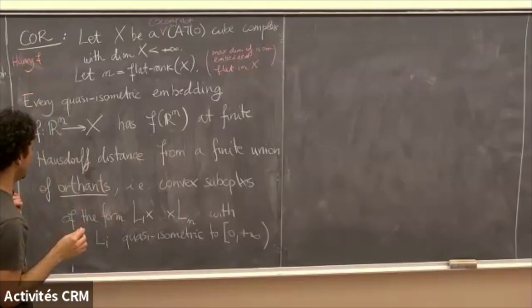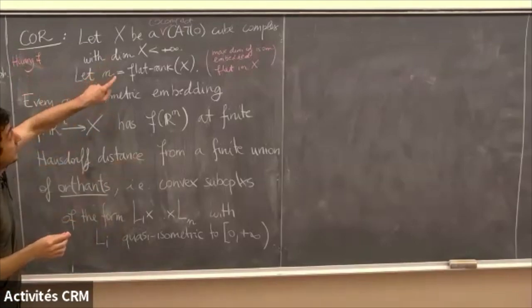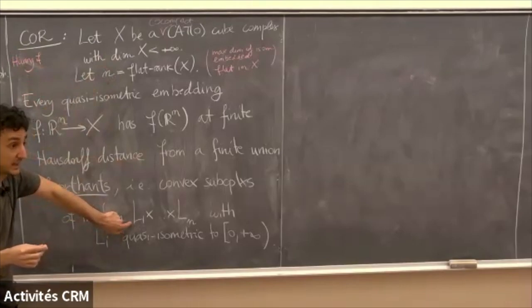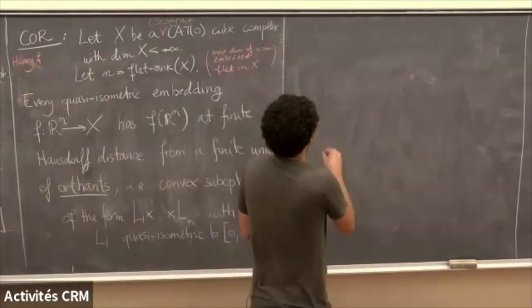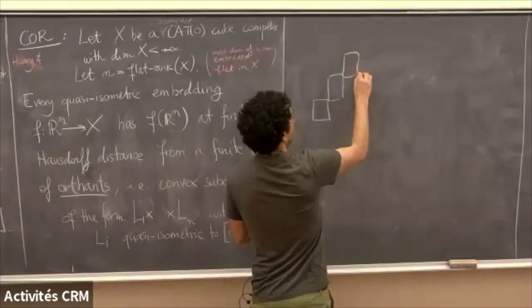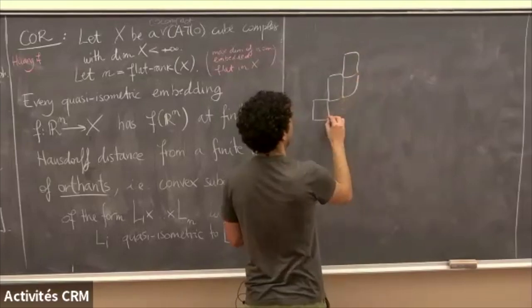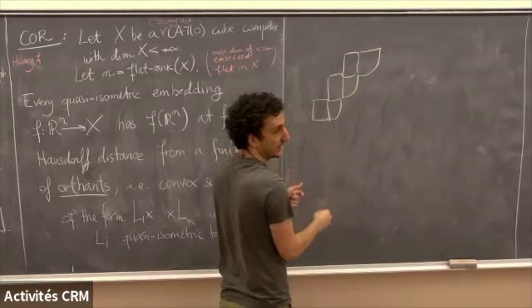You really have to say QI to an array; you can't just say array. If the dimension is bigger than the flat rank, these would be higher than one-dimensional. They're just thickened arrays. You could totally have something like this, or a ladder. And if you want them to be convex so that you can really control them, you get that.